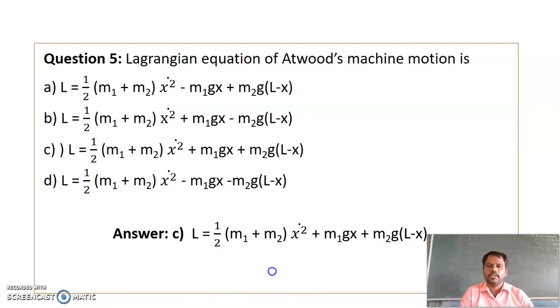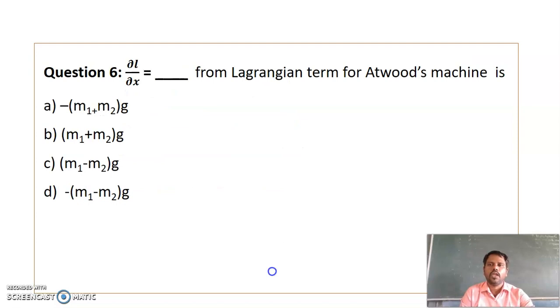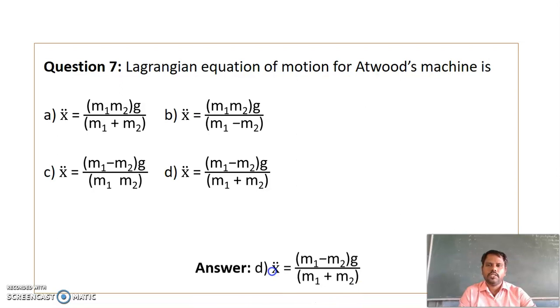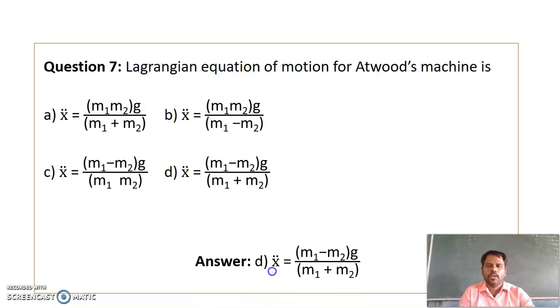So the option is C. Question 6: ∂L/∂x is, as we have seen, (m1 minus m2) g. Question 7: The equation of motion for Atwood's machine is x double dot equals (m1 minus m2) g divided by (m1 plus m2). So the option is D.